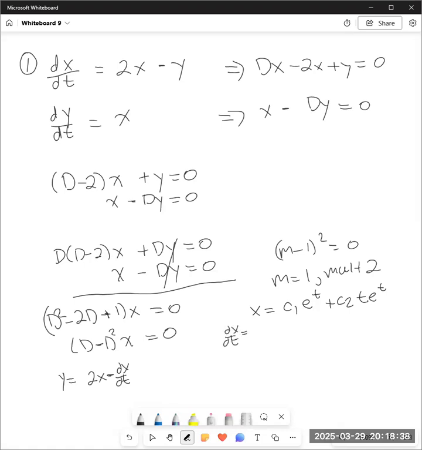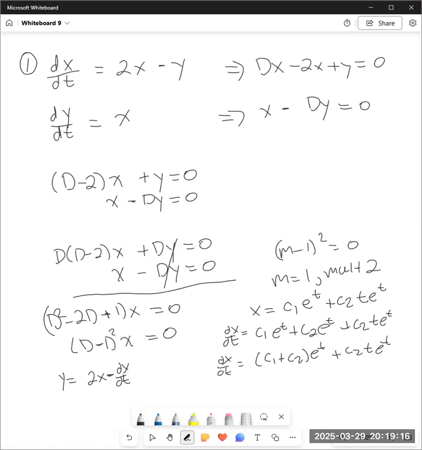And that is c1 e to the t plus c2 e to the t plus c2 t e to the t, when we use the product rule here: take the derivative of the first part, leave the second part alone, plus the derivative of the second part, leaving the first part alone. So dx/dt is (c1 plus c2) e to the t plus c2 t e to the t.